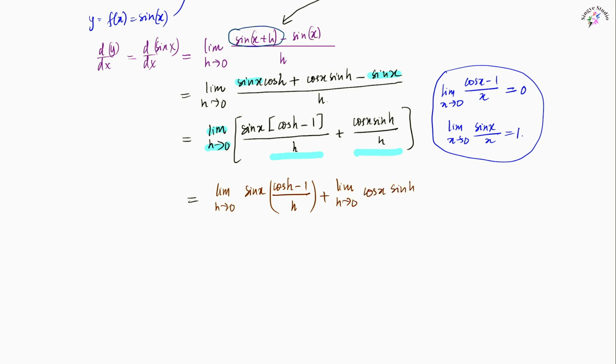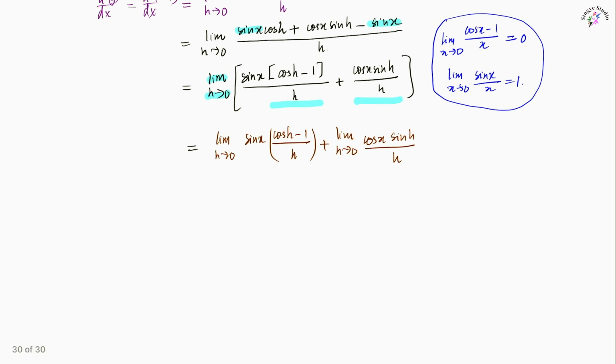plus the limit as h tends to 0 of cosine x sine h upon h. If you observe this carefully, there are terms like sine x and cosine x which are independent of h, so they will not be affected by the limit, and when h tends to 0, they will remain as cosine x and sine x only.